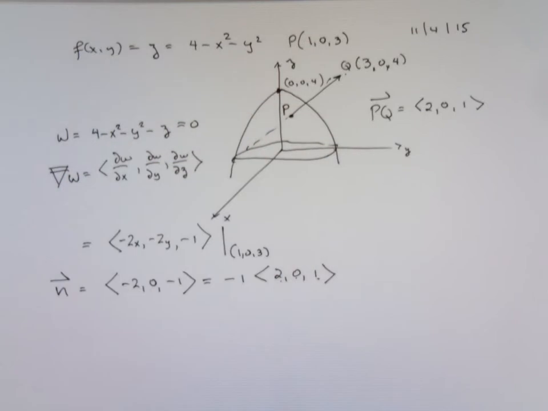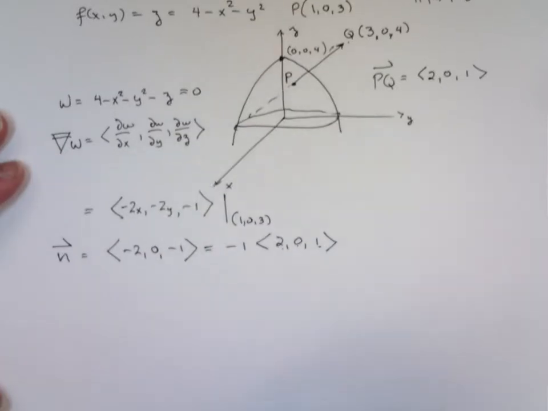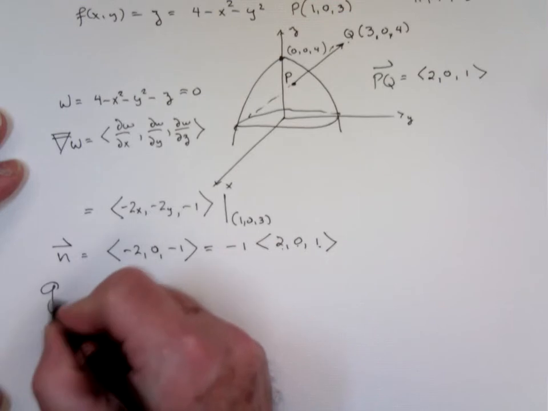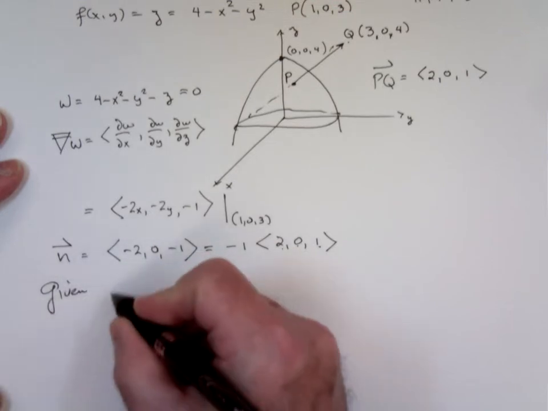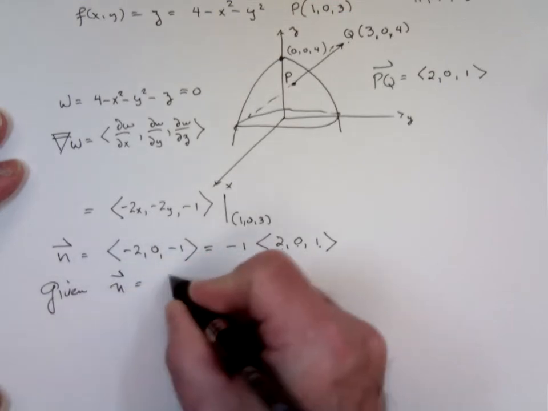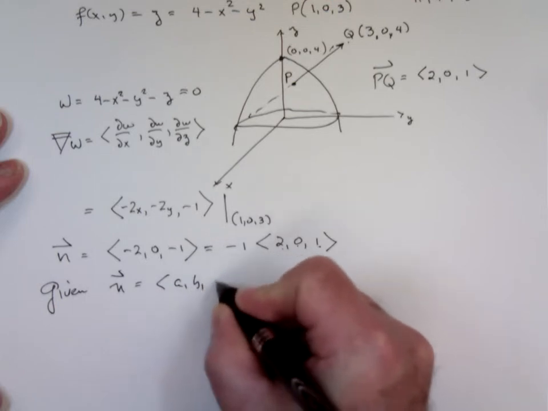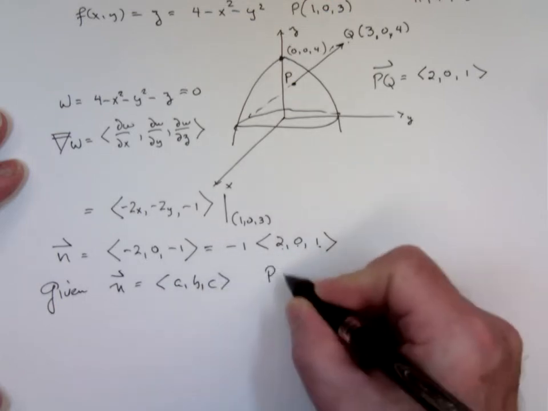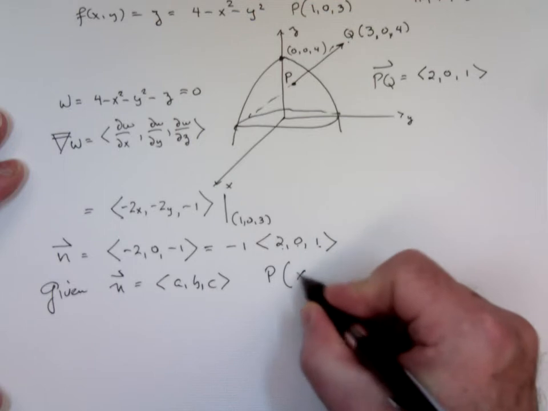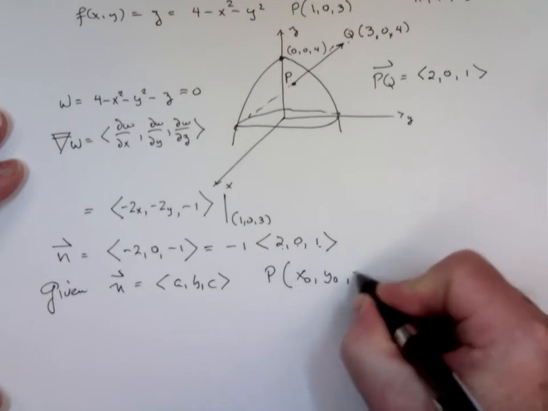I've got the point. You define the plane. How do you define a plane? Well, in general, given a normal vector, let's say A, B, C, and a point, let's say x sub naught, y sub naught, z sub naught.